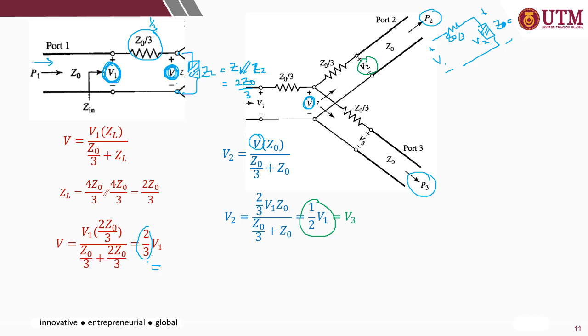So from 2/3 at this point, and V1 supposedly 100%, another half is delivered to port 2, and the same goes to port 3, because both have the same total impedance. So the power is divided equally to both port 2 and port 3.